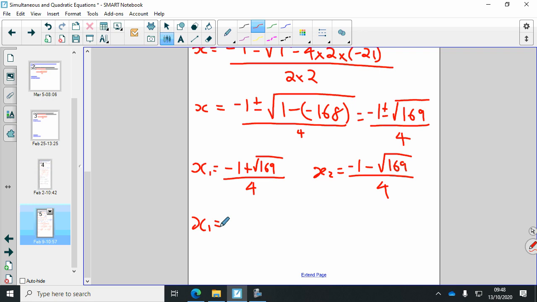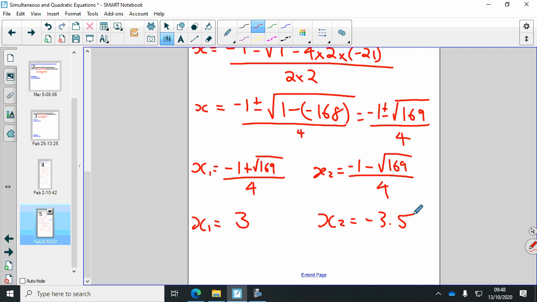So your first answer is going to be 3, and your second answer is going to be minus 3.5. Okay, so that's our two answers for x.